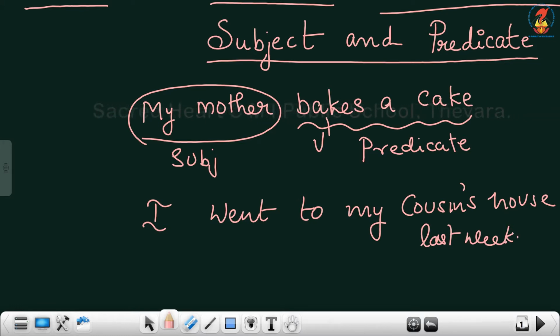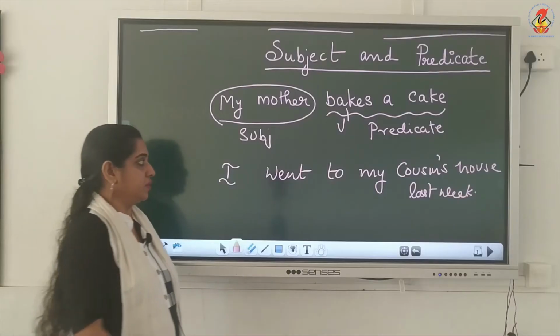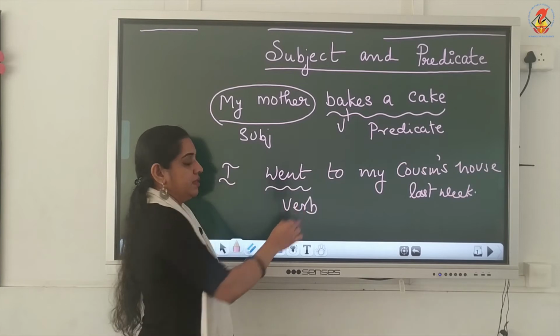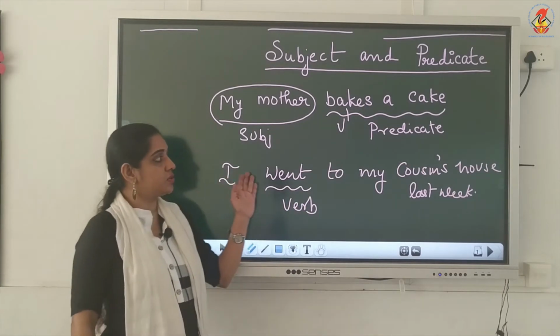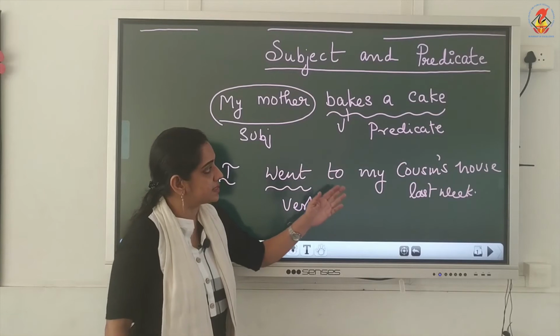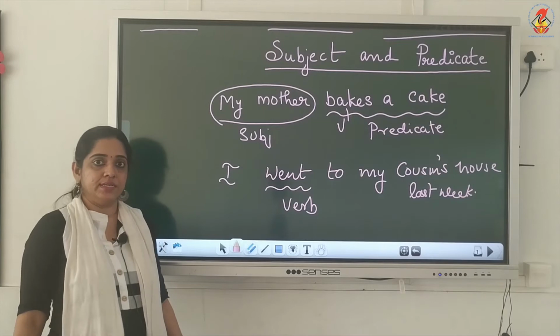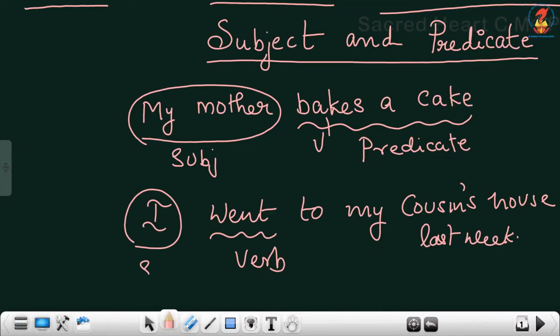When you analyze, what is the subject? What is the verb? First you find the verb. The verb is went. Then I ask, who went to my cousin's house last week? Who went? I went. So I is the subject here, and the rest of the portion including the verb is the predicate.